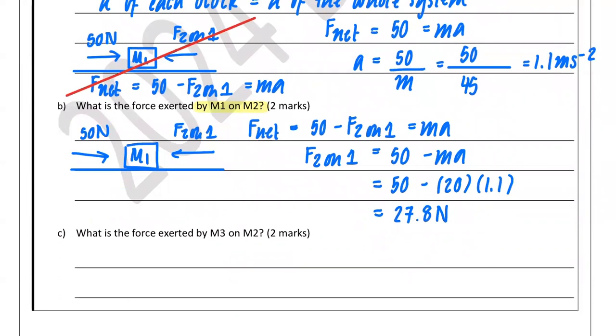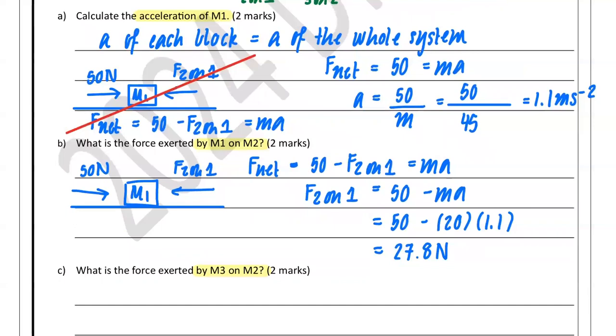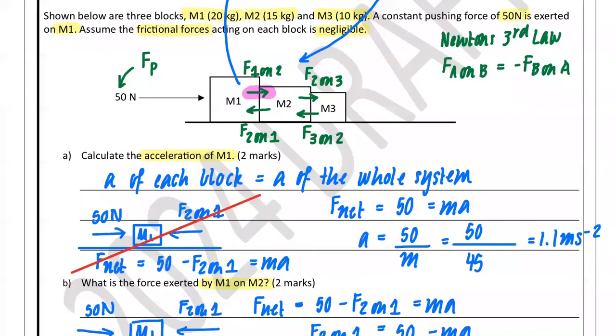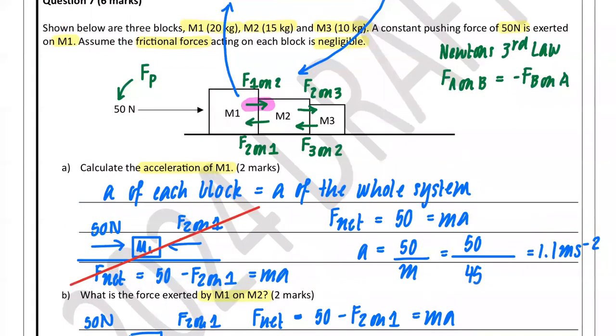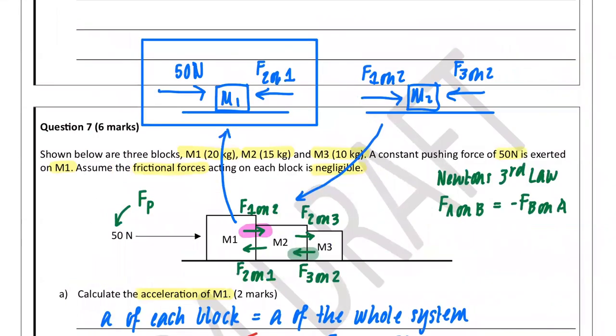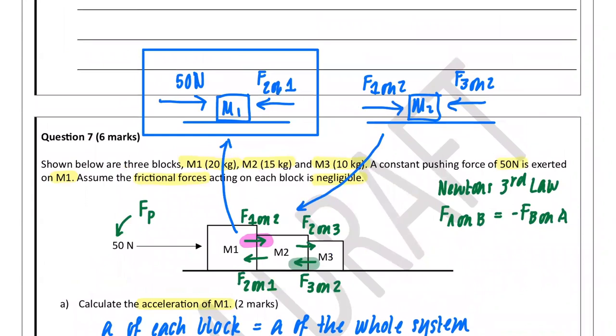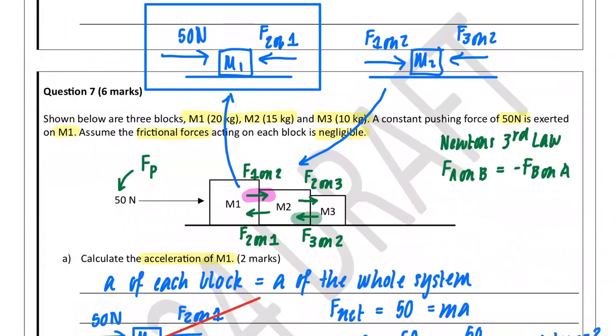Now they're asking me: what is the force exerted by mass 3 on mass 2? In this case, they're asking me to find this one here. If we have a look at this, we have two options again. We can either isolate M3 or we can isolate M2.